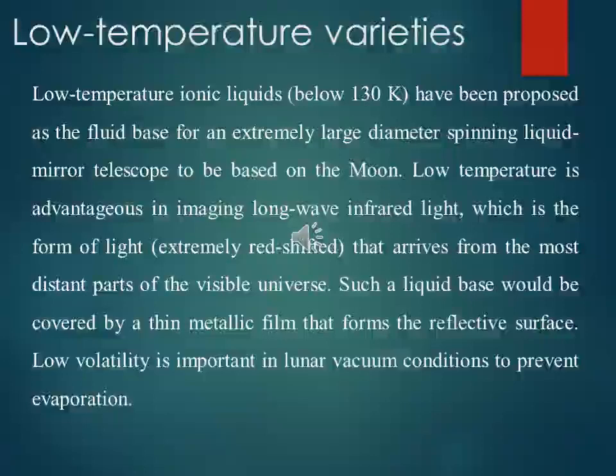Low temperature is advantageous in imaging long-wave infrared light, which is extremely redshifted and arrives from the most distant part of the visible universe. Such a liquid base would be covered by a thin metallic film that forms the reflective surface. Low volatility is important in lunar vacuum conditions to prevent evaporation.